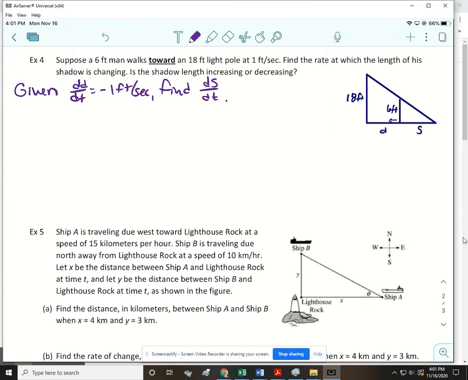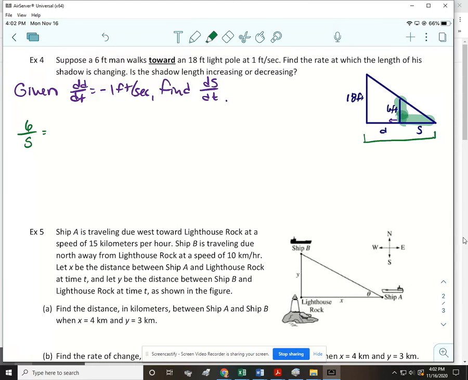Now we have another situation like the cone where we have similar triangles. So the little triangle, we have this length over this length, so that would be 6 over s.